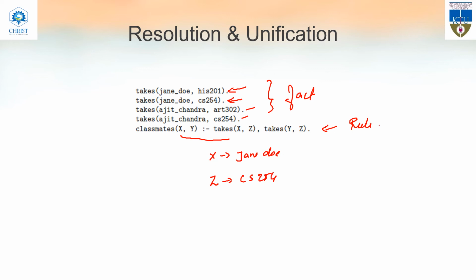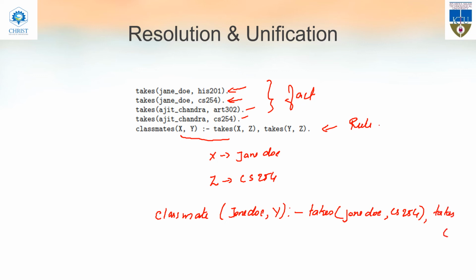So if x is j into O and z is CS254, then this will turn out to be classmate(z, x) is j into O, comma y, is takes(x, CS254), that is takes(j into O, CS254), and takes(y, z) where z is CS254.